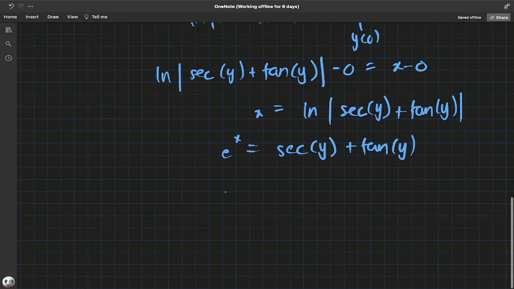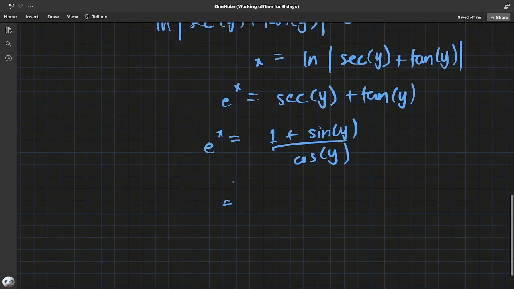Is there a way to simplify this? Well, we can find a way. Look at it this way: 1 plus sine of y, divided by cosine of y, which we can express as cos of y over 2 plus sine of y over 2, the whole thing squared, over the denominator.